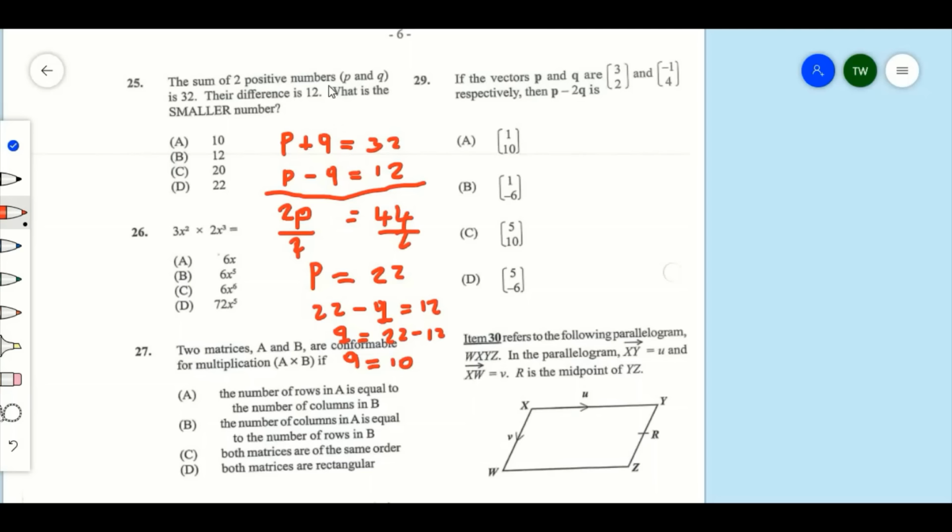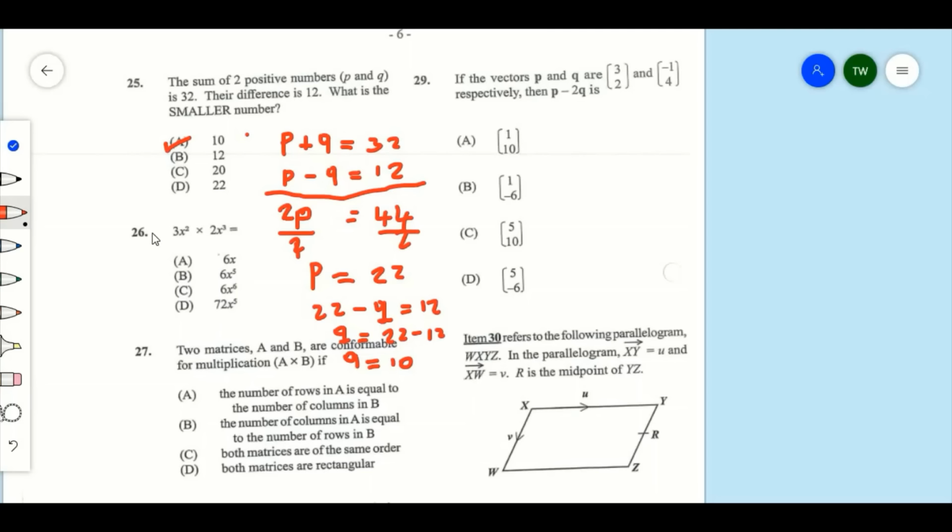So now we can answer the question. What is the smallest number? The smallest number is going to be 10. So our answer for 25 is going to be A. Now 26. 3x squared times 2x cubed is going to equal.